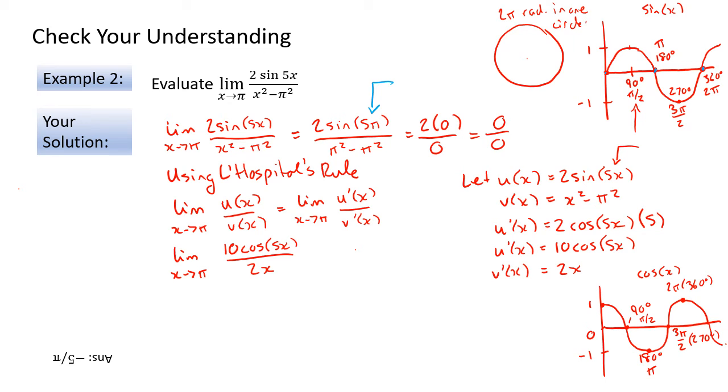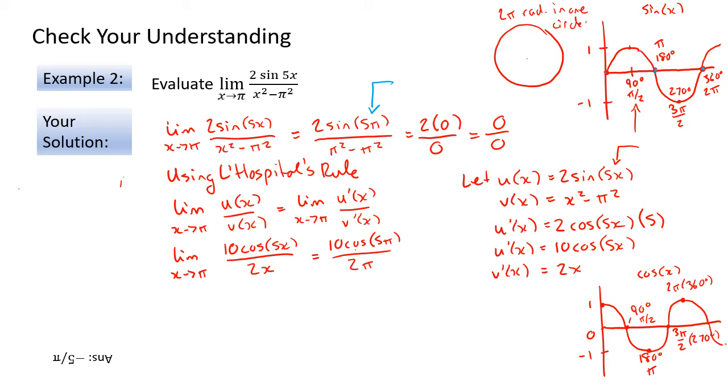And remember, because it's cyclical, the cosine of pi, 3 pi, 5 pi are going to be the same number. So if I now substitute pi, knowing what the graph for cosine looks like, I get 10 cosine of 5 pi divided by 2 pi.